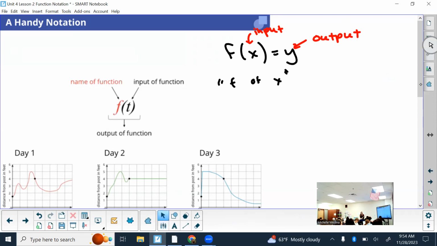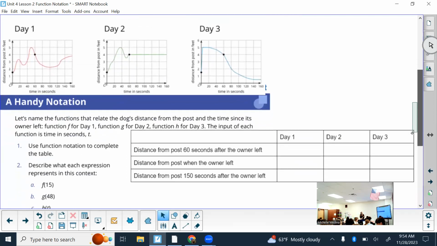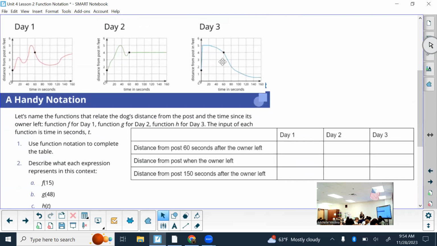Okay, so we're going to practice that now with the same situation. I have the charts here if you'd rather not have to flip back and forth, but it might be easier to see on your paper. What we're going to do is fill out this table using function notation. So we're going to use function f for day 1, function g for day 2, and function h for day 3.